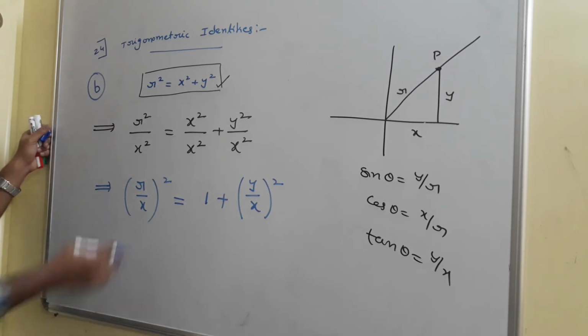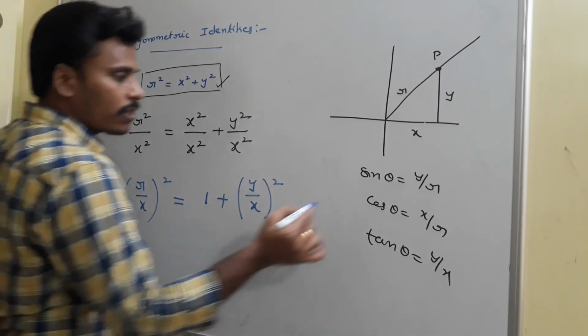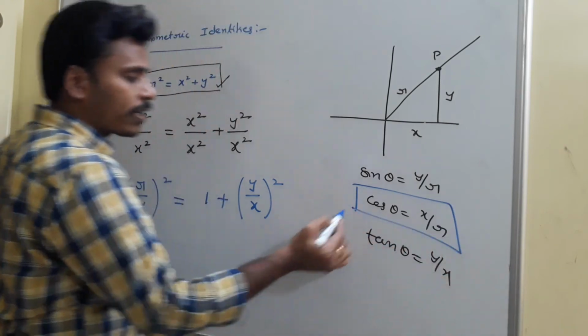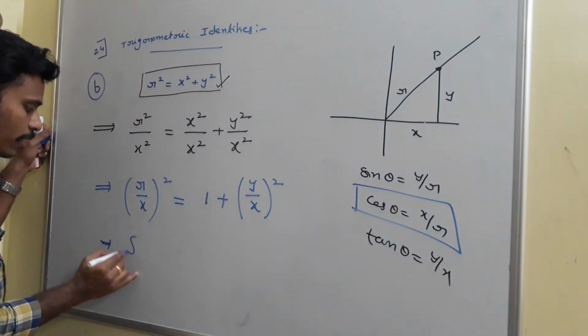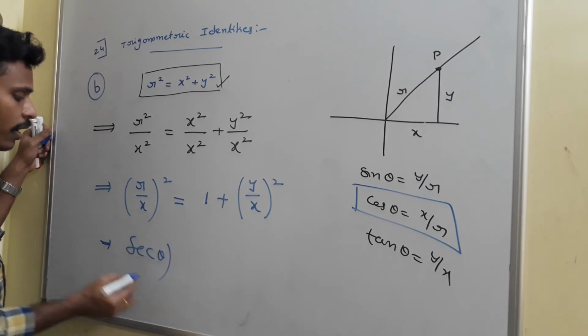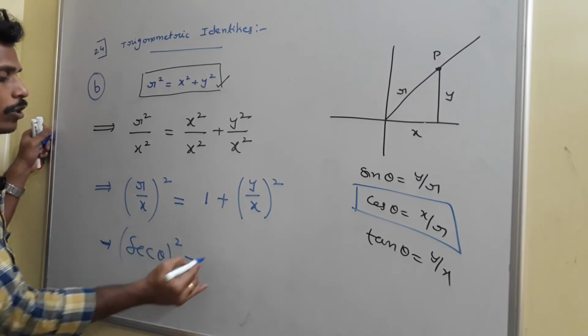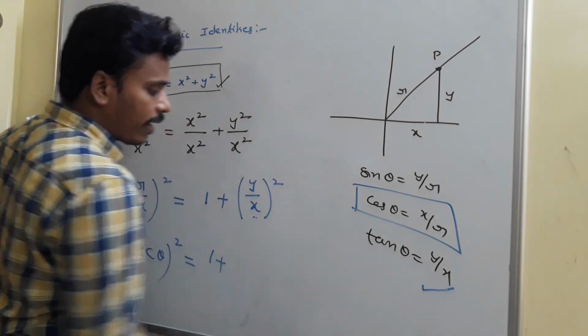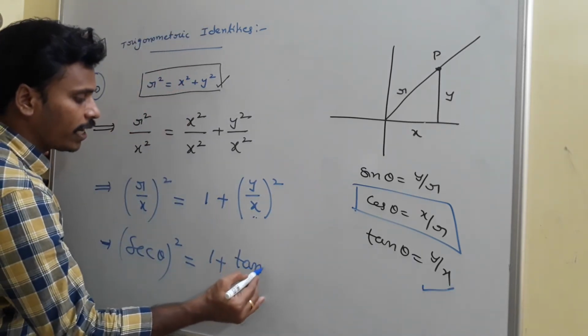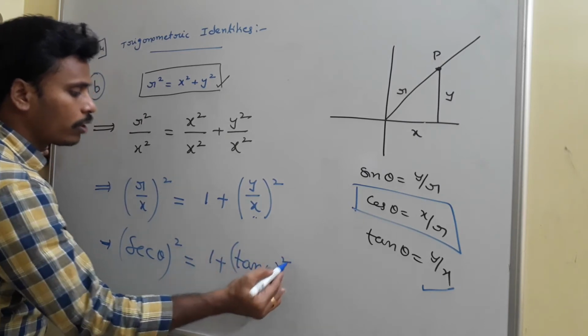And now what do you say about this r by x? Look, cos theta is equal to x by r. Then what is r by x? r by x is nothing but secant theta. So secant theta whole square is equal to 1 plus, and what to say about y by x? See, y by x is directly tan theta. You just write here tan theta whole square.